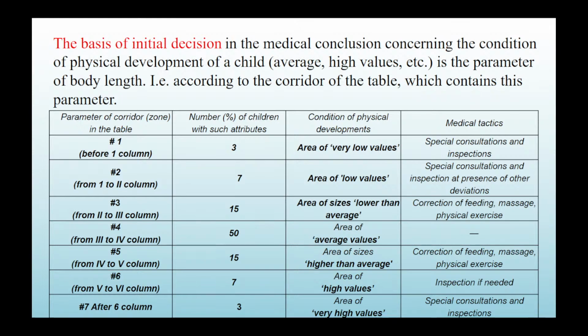In this situation, we describe a table according to the percentile table and percentile graphics. It's not our previous z-score graphics. It's another method, another instrument of decision, for the medical conclusion of physical development.